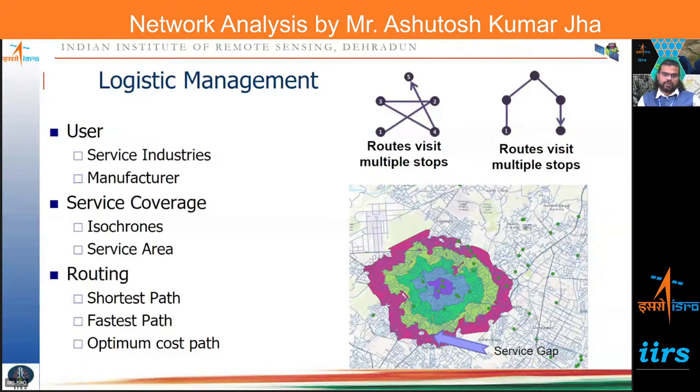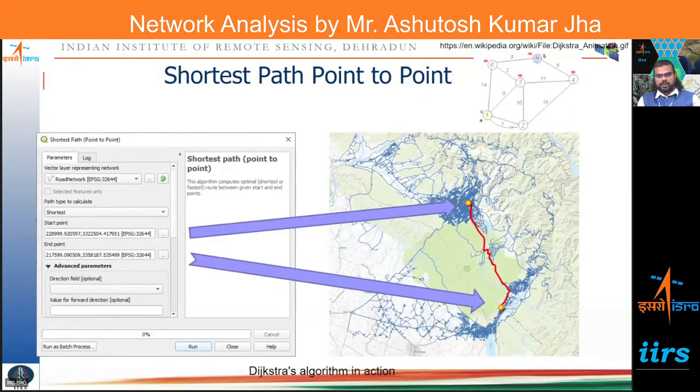It can also help us find out service gaps. Even where physically we may see that the service is available, inside the network there are a few portions which are still out of reach. Such things can be carried out. Then we can find out the shortest path from one location to another. Basically you have to provide a start point and end point and the corresponding network data sets.